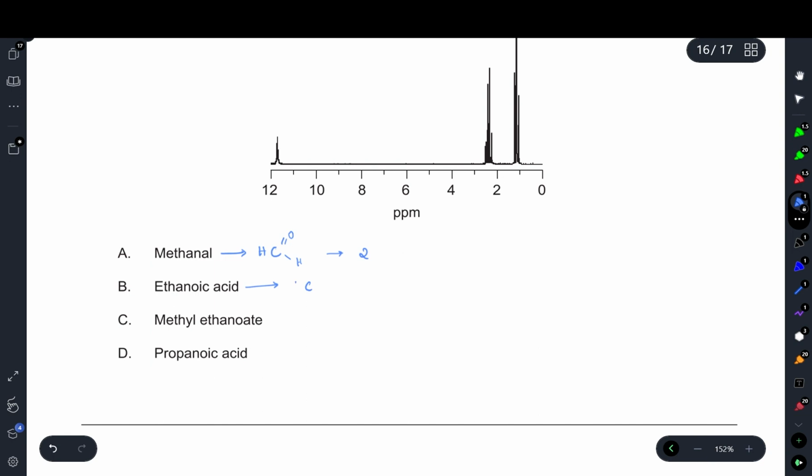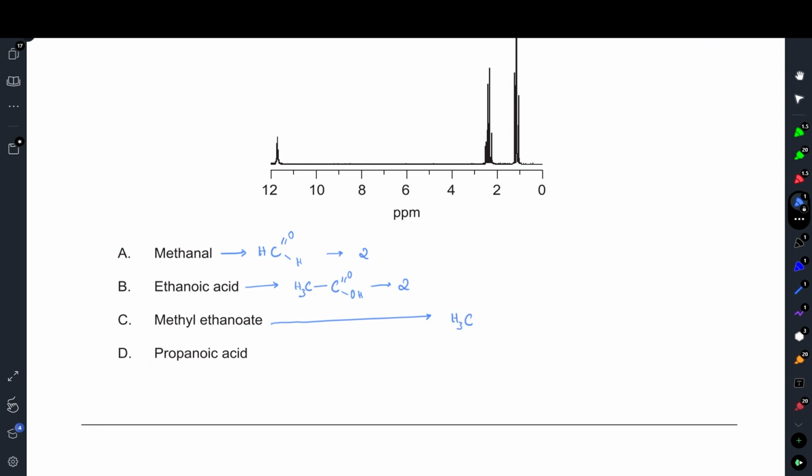Ethanoic acid, CH3, bond C, double bond O, OH. Again, this only has 2 hydrogen environments. Next, methyl ethanoate, CH3, C double bond O, bond CH3.